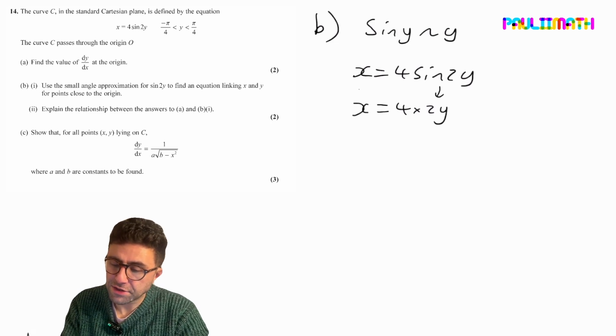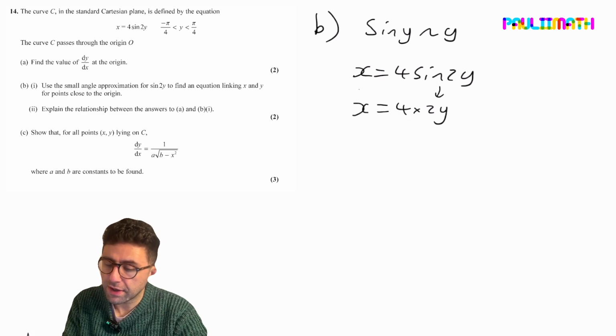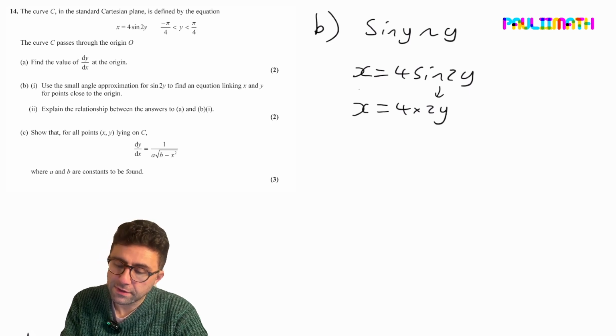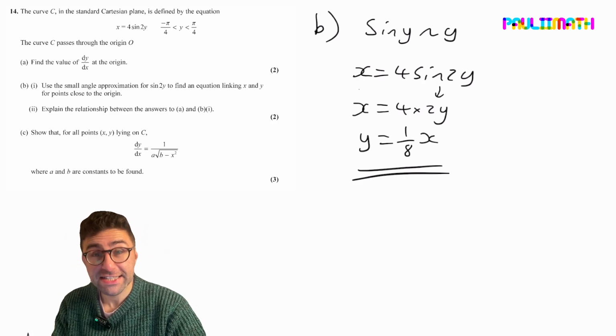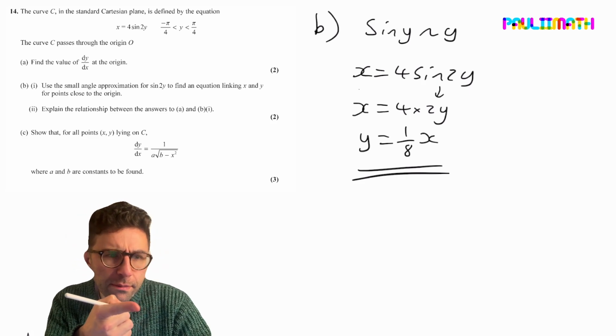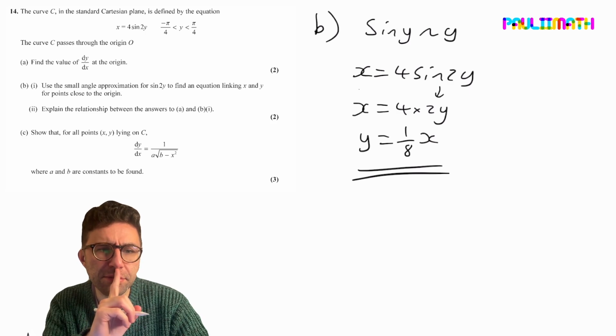You can use any letter there, it works for any letter. Here we're using the y, so sine 2y is approximately 2y close to the origin, and that means y equals 1/8 x. Interesting! Similar!